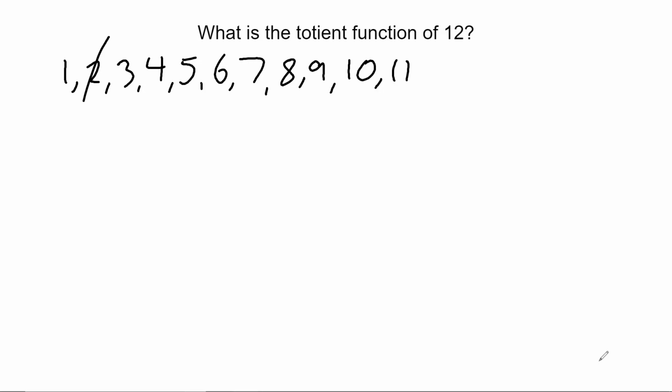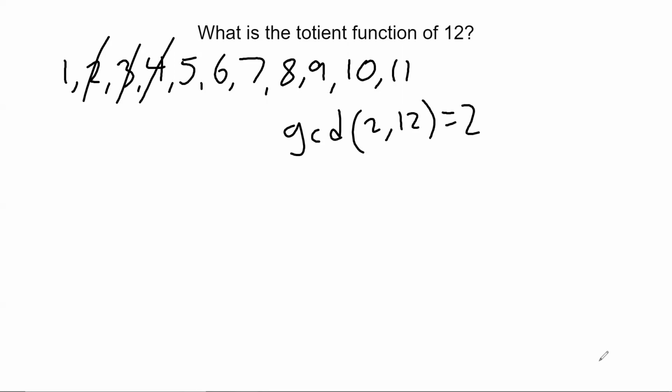So we would have to cancel 3 because it shares a common factor. 4 also shares a common factor. So the GCD, for example, of 2 and 12 is equal to 2. And because this is not 1, we have to take it out. And similarly, the GCD of 3 and 12 is equal to 3. And this is not 1, so we have to take it out.